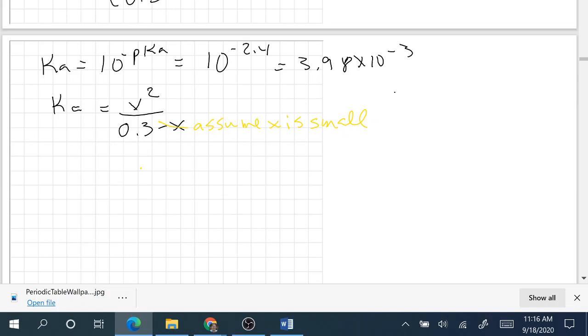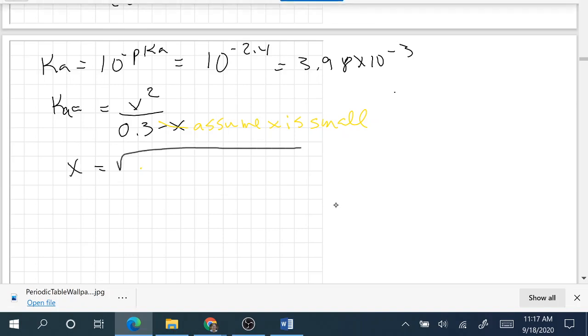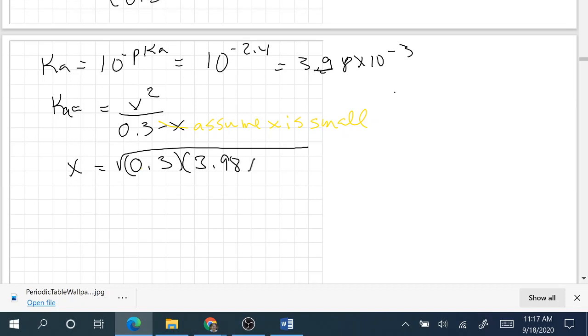If we assume x is small compared to 0.3, then we can say that x is equal to the square root. So we're going to multiply Ka times 0.3 and then take the square root. 0.3 times the Ka, which we have here, which is 3.98 times 10 to the negative third.